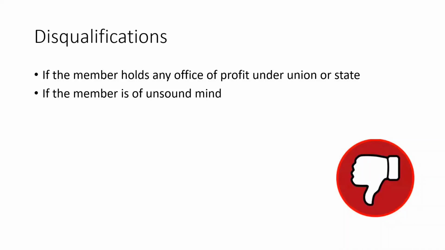Thirdly, if he or she is an undischarged insolvent, so if you have not discharged your debts, then in the eyes of law or in the eye of the judge, you will be an undischarged insolvent and you will not be eligible for the membership of Rajya Sabha.